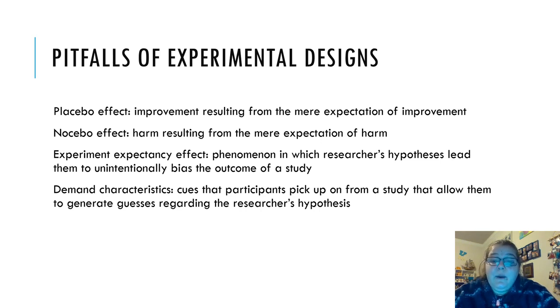And if you have one group that is receiving the placebo, and then another that is receiving the actual treatment, and both have similar results, your treatment may actually just be the product of a placebo effect. Whereas if you have one group on placebo and one with the actual treatment, and your treatment group improves drastically more than your placebo group, then there is a high chance that your treatment is actually doing something.